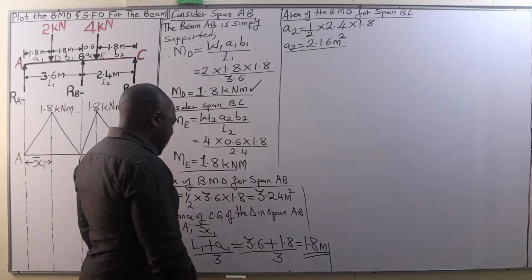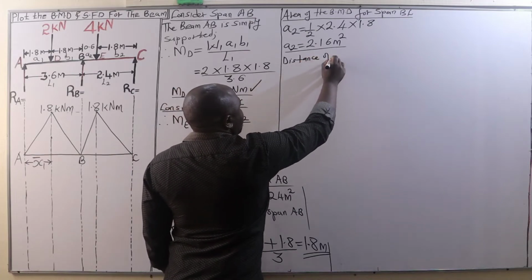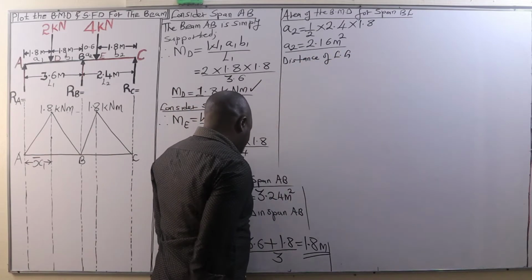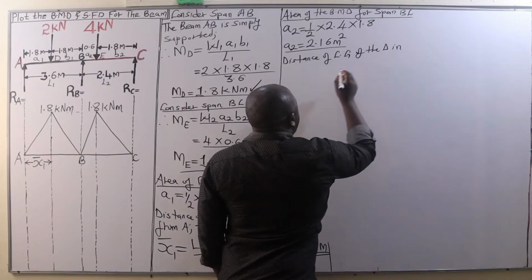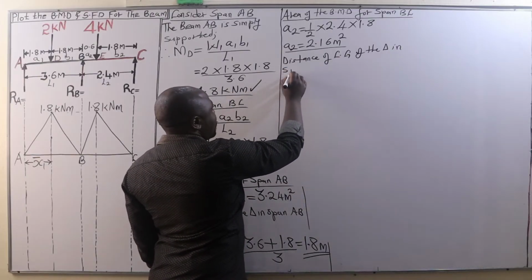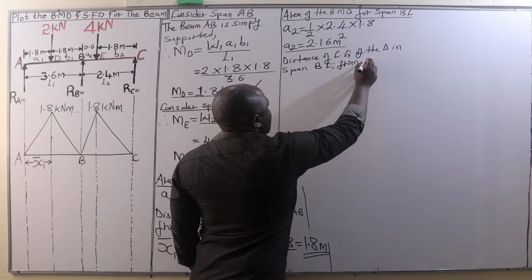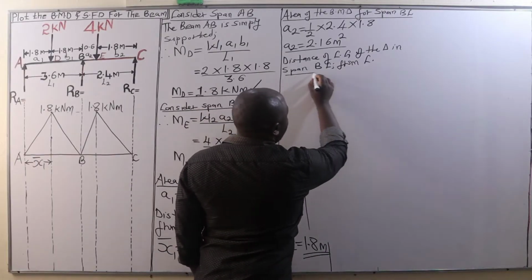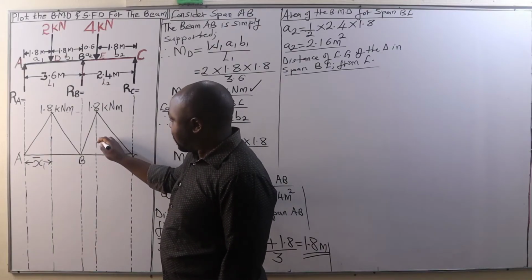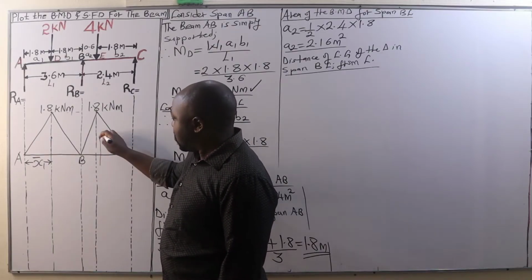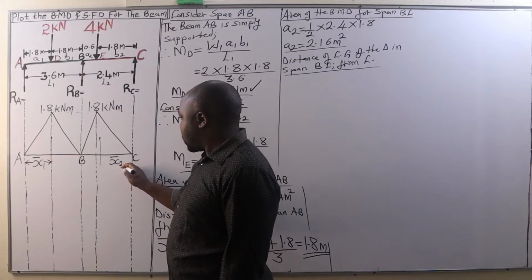Then the distance of the center of gravity of the triangle in the span B to C from the end C. We need the distance of the center of gravity of this triangle from C, and that is going to be bar x2.